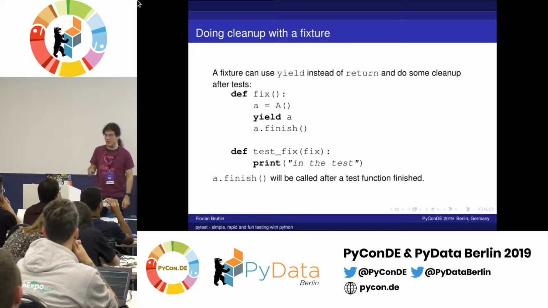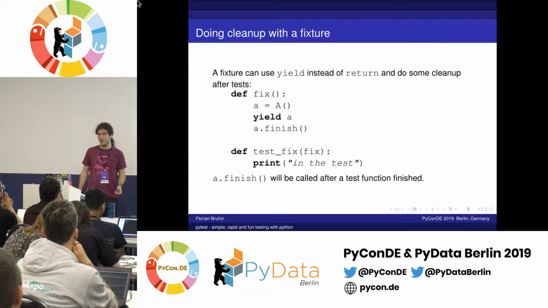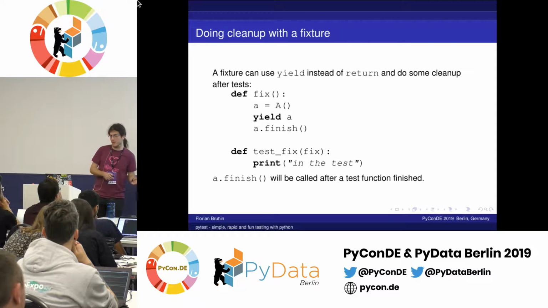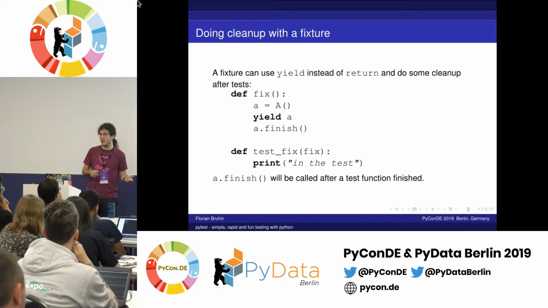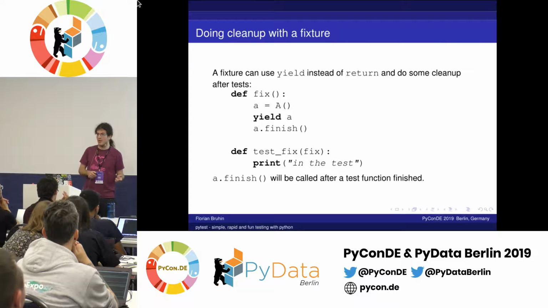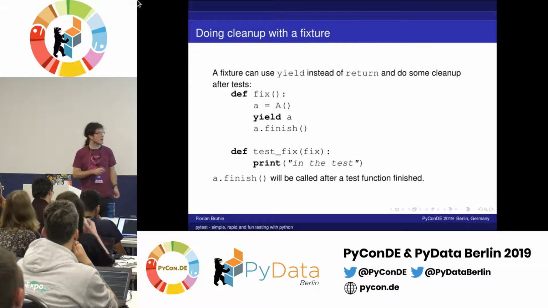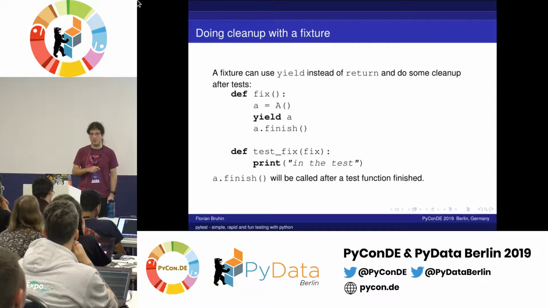So what we can do here, instead of returning a value, we use the yield keyword. Now, what the yield keyword is or does exactly doesn't really matter for you to use that feature. All you need to know is that it kind of returns a value which the test can use, but then after the test runs, the rest of the fixture function runs.